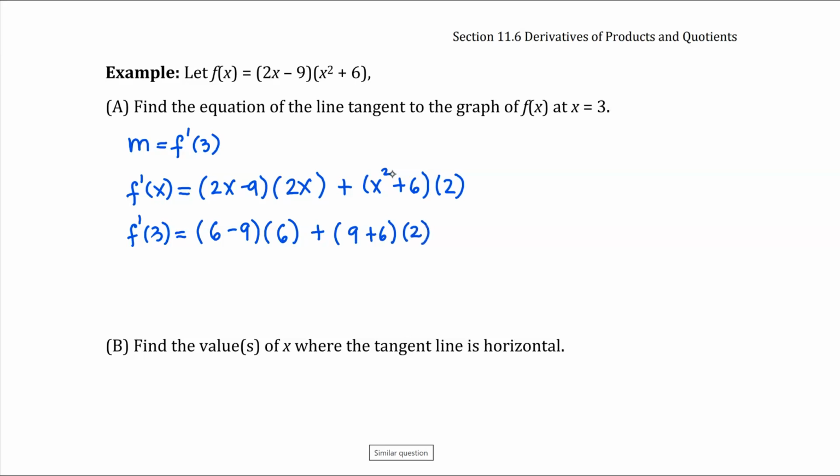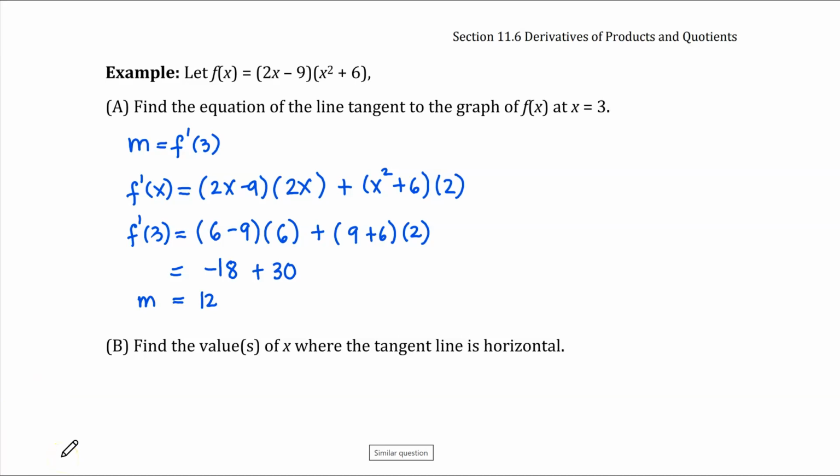And then you simplify it. So you have 6 minus 9 is negative 3, times 6 is negative 18, plus 6 plus 9 is 15, times 2 is 30. 30 minus 18 is equal to 12. So that means your slope is equal to 12.